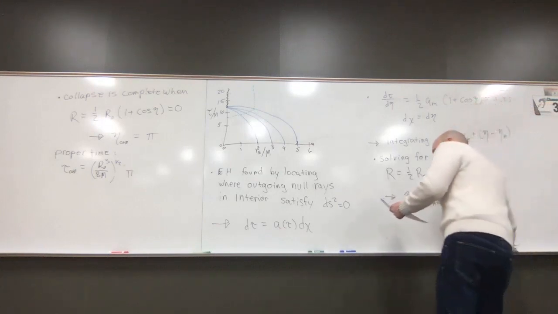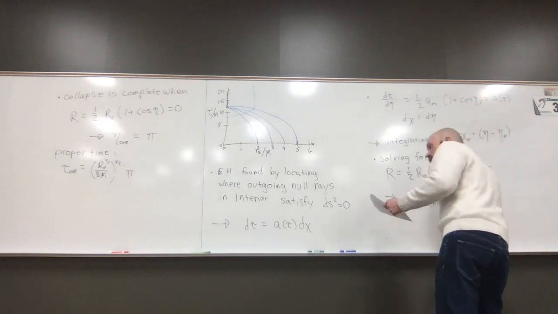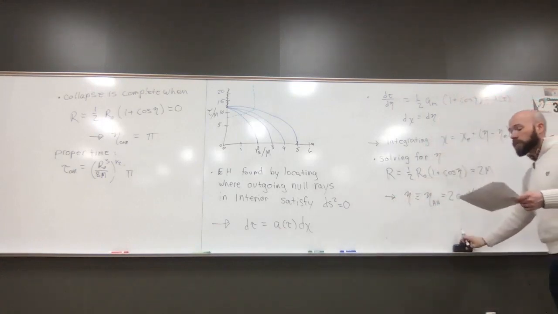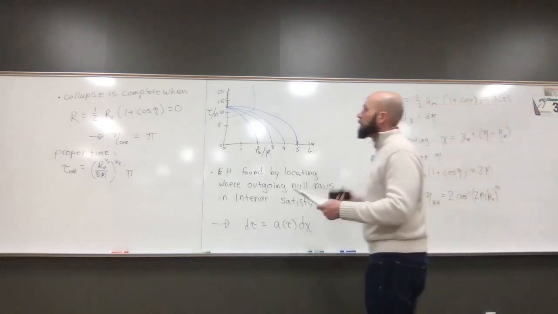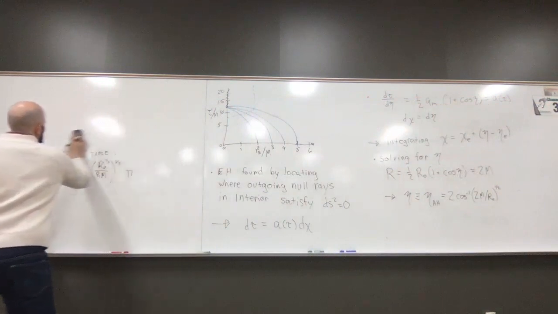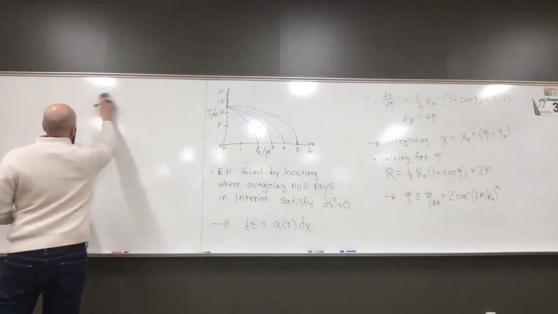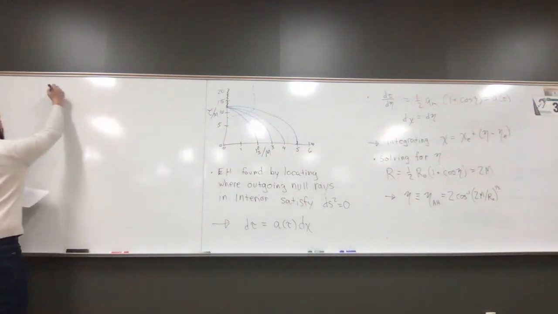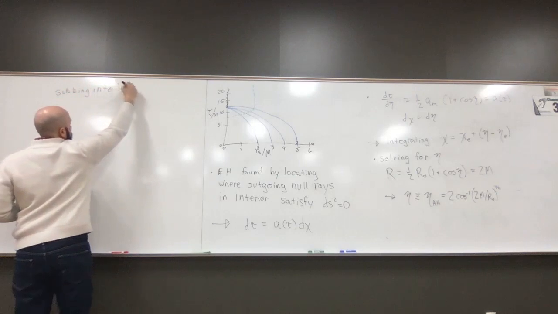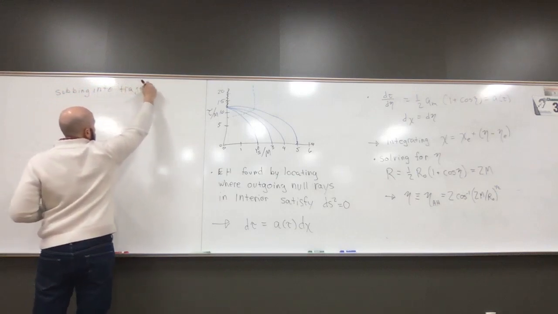Okay, so now putting this into our trajectory, this equation, I can solve for the chi, into the trajectory of the event horizon.